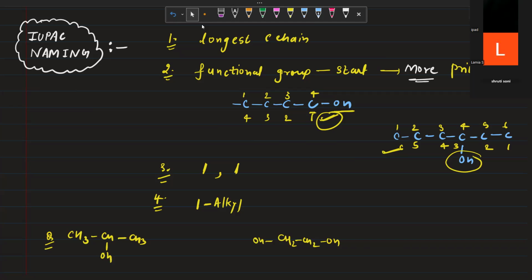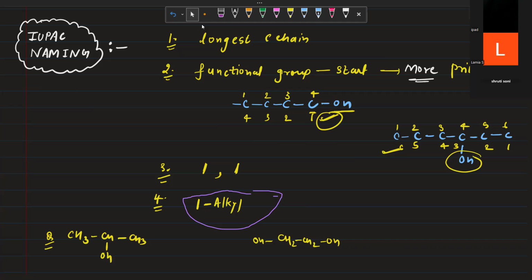What's this? Sorry, what was this group that I circled?